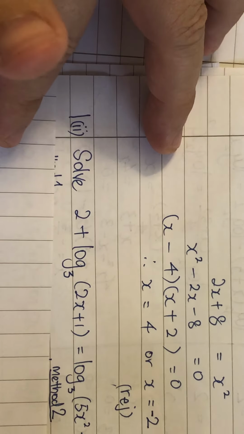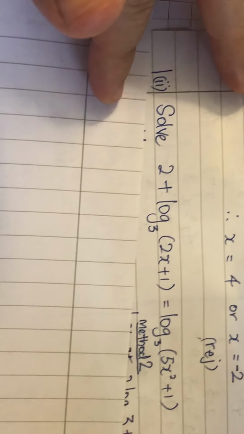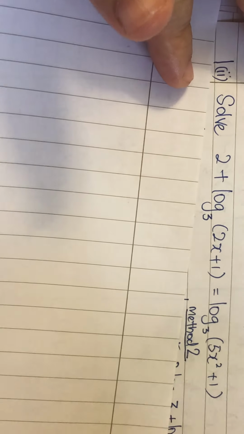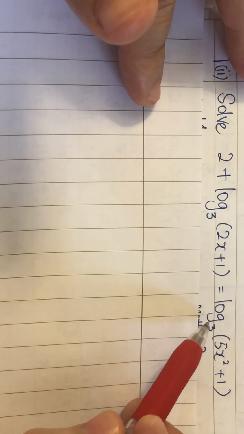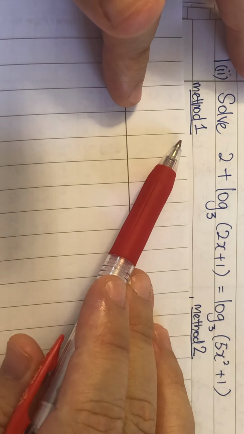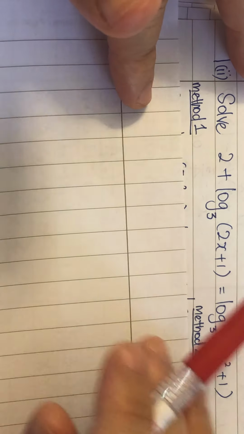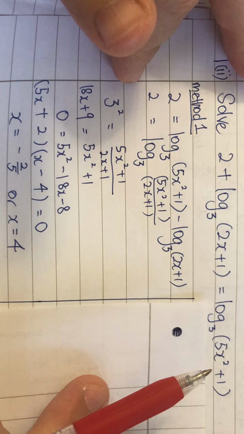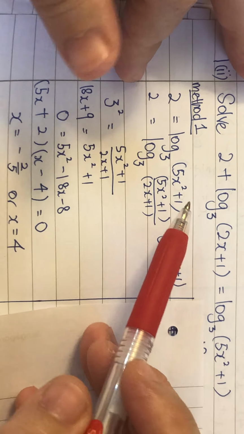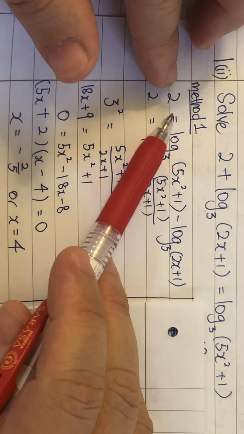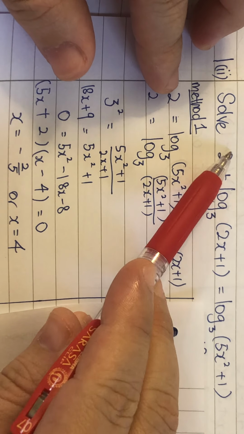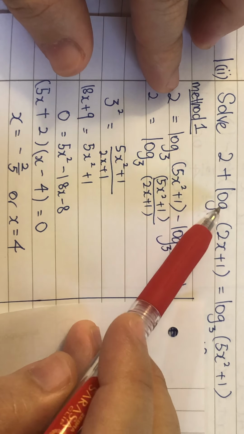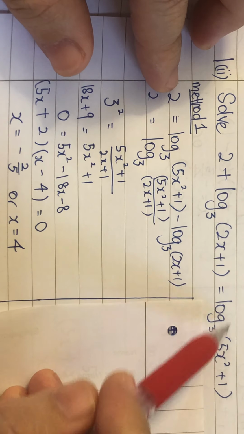Now number 2, almost the same. Again, very simple. The base is 3. I'm going to show you 2 methods. The first method is this. Let's focus on the first method. What I'm doing is I notice that there's a number here and there are 2 other terms with logarithms.